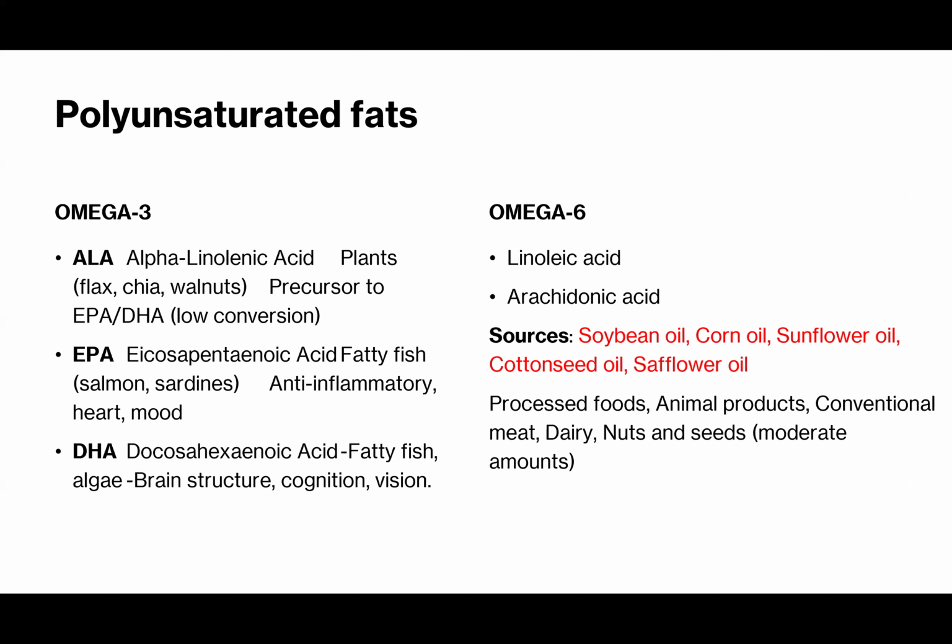Omega-3 has three main components: alpha-linolenic acid, EPA, and DHA. They're very important, DHA especially, for brain structure, cognition, and vision. So it's important to make sure your children get enough during brain development, in children and young adults, and then later in life to prevent dementia.